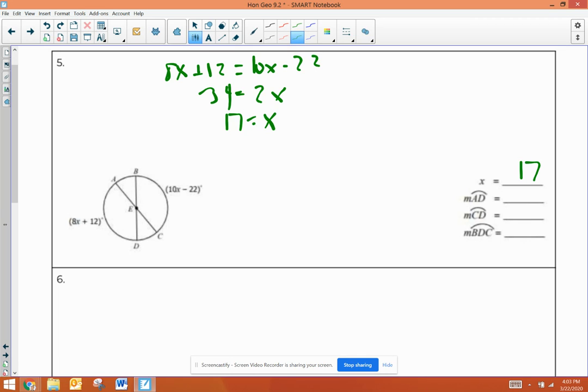So now I want the measure of arc AD. So I just put that back in. 8 times 17 plus 12, 148. So it's 148 degrees.